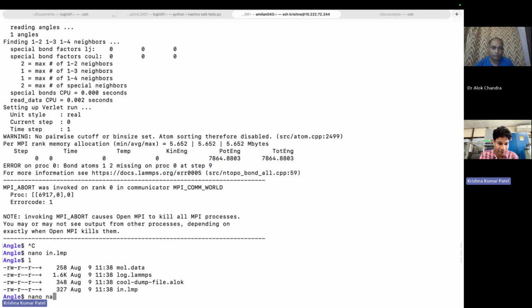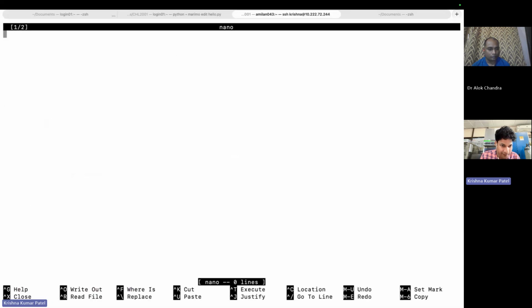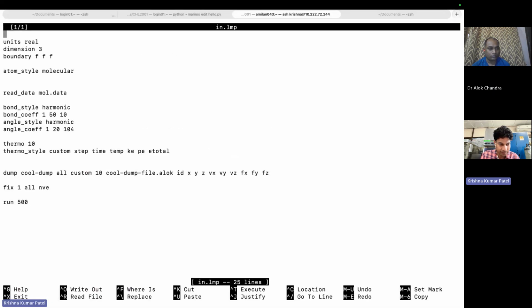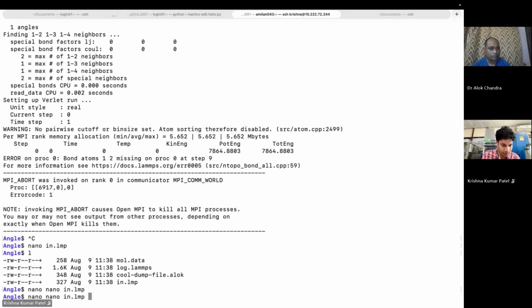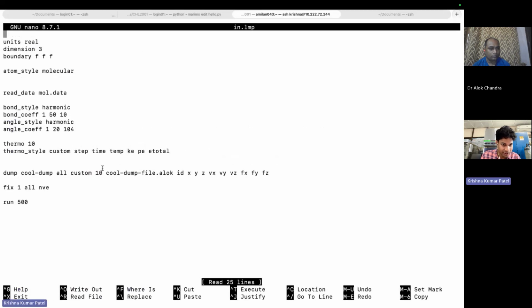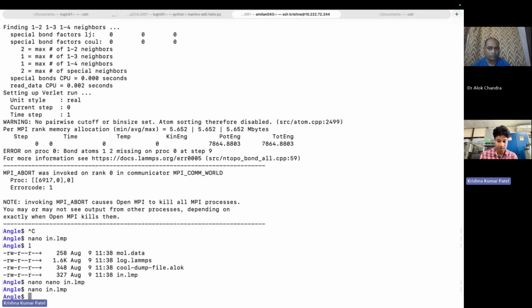If you look at the input file, you see that my trajectory file is being written every 10 steps. I know that the problem occurs in step number 9, so I'm going to dump the trajectory every step so that I can look at what is going wrong.